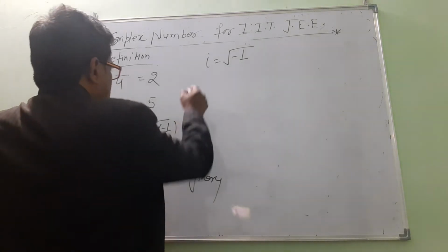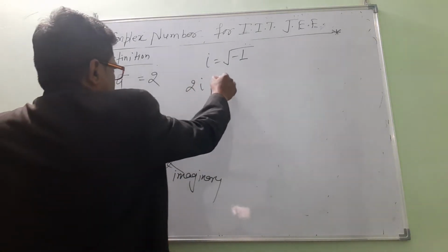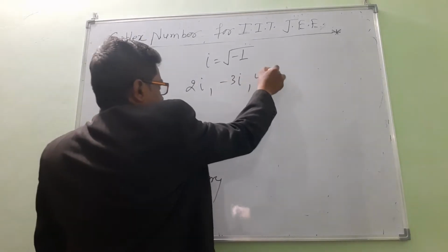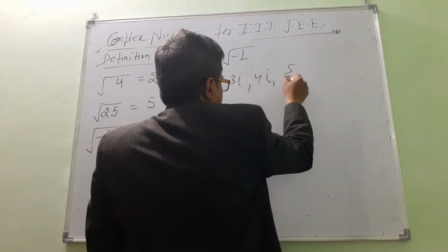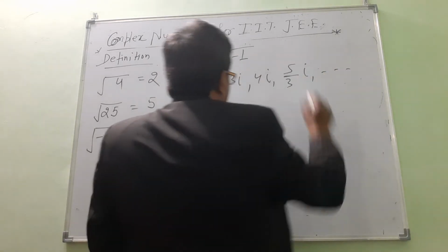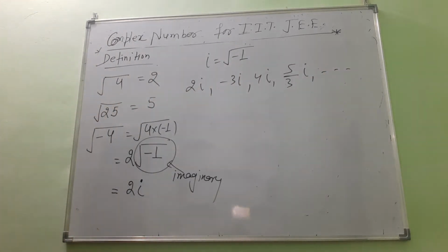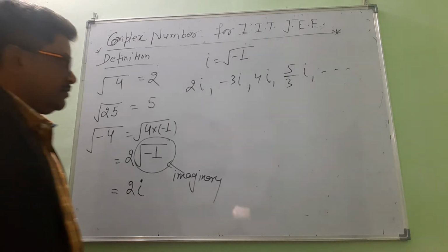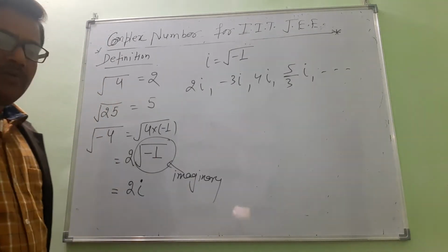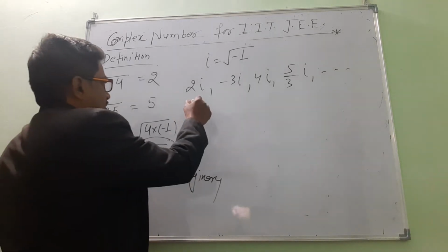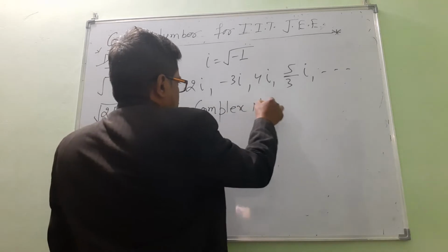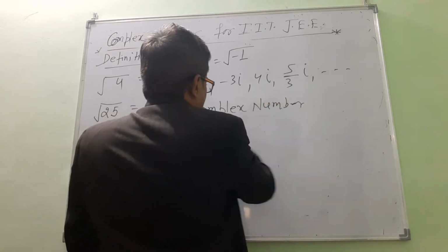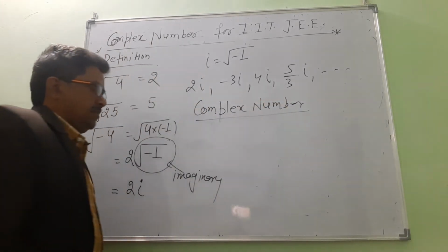Okay. So 2 iota, minus 3 iota, 4 iota, 5 by 3 iota. These are the imaginary numbers. Now we proceed to our next point, that is complex number.